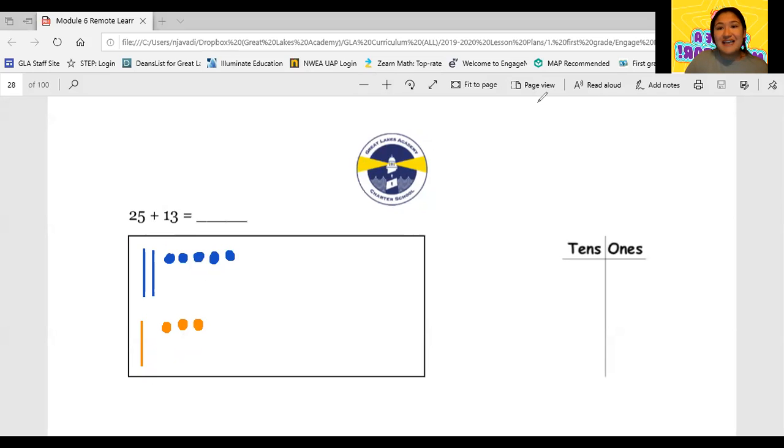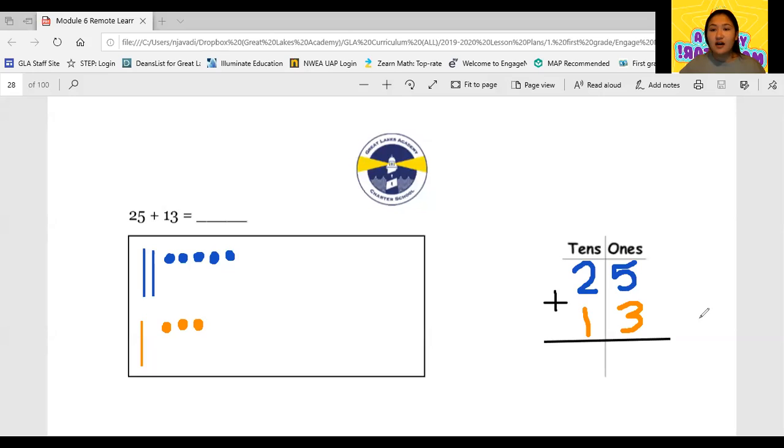I drew 2 10s, so I'm going to put 2 in the tens column. I drew 5 ones, so I'm going to put 5 in the ones column. I drew 1 10 to show 13, so I'm going to draw 1 10 in the tens column, and 3 ones to show 13, so I draw 3 in the ones column.